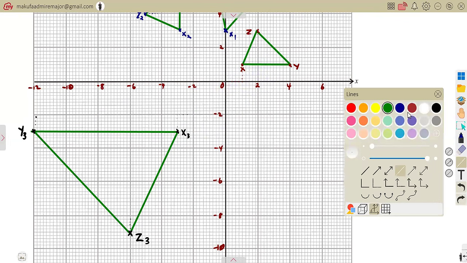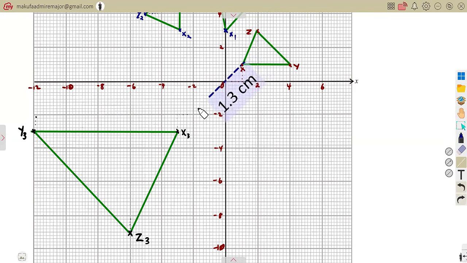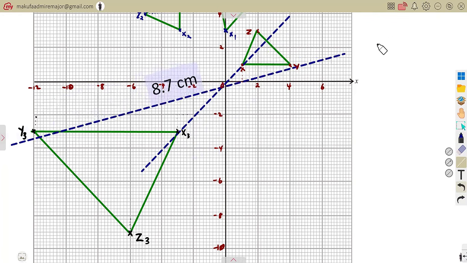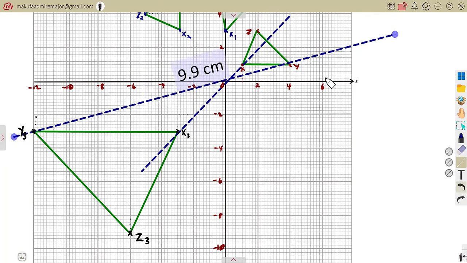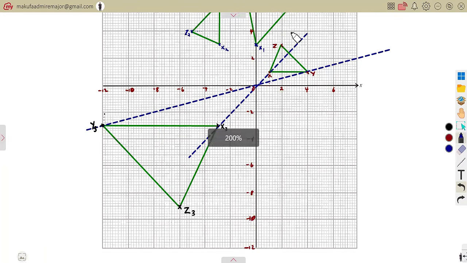All you just need is to join your corresponding points, x to x3, having this as a continuation. You just extend your points if you are not sure of where these points are going to meet, but you mark x to x3, or you join x to x3. You do the same thing from y to y3. You join the points and see what's going to happen. You do the same for the z and the z3.